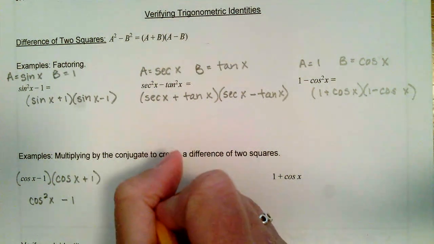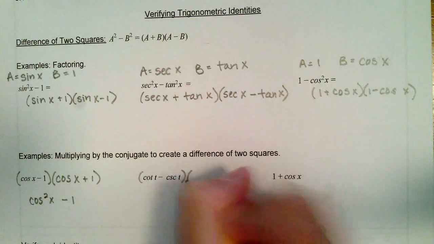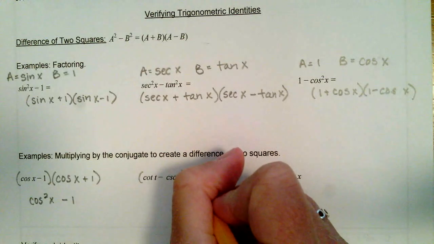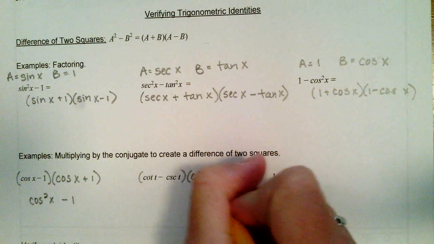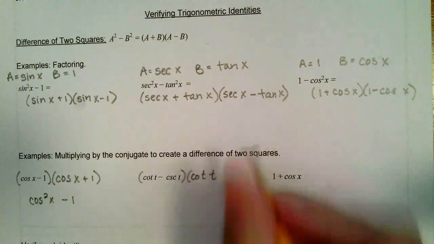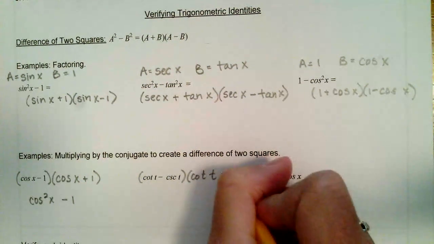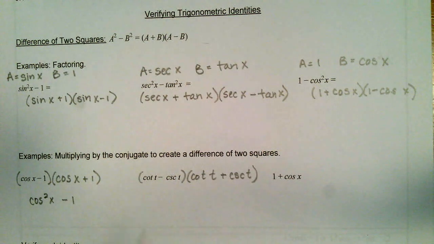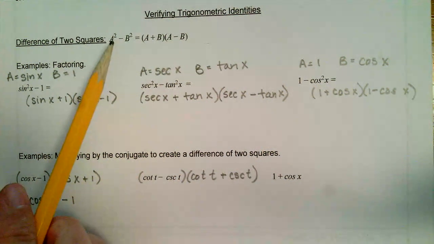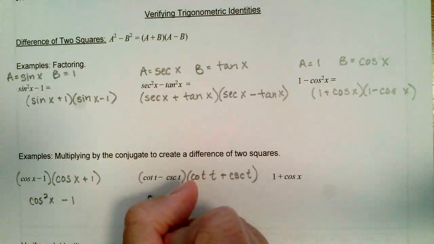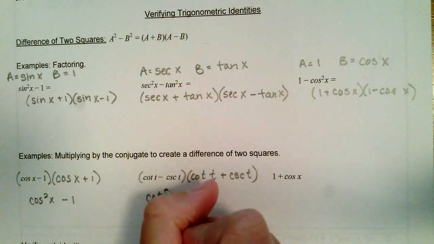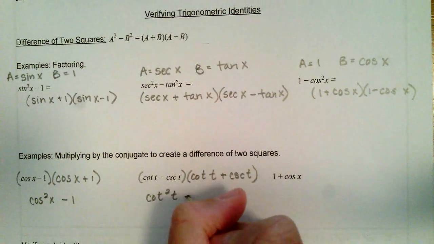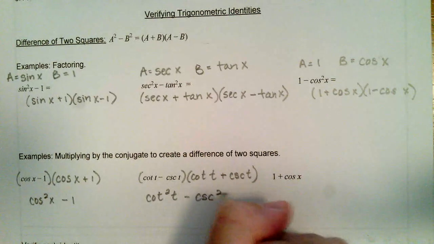Similarly, our next one, we are going to multiply by the conjugate, which is going to be cotangent of t. We're using the opposite sign, so we're using plus the cosecant of t. Okay, and again, using our difference of two squares formula, quickly you want to be able to say that this is cotangent squared of t minus cosecant squared of t.